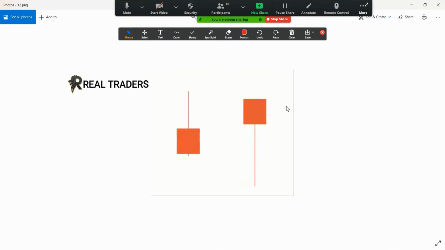Okay, so let's talk about this candle. As you all know, this is a hammer candle, and the color doesn't matter here, green or red. So this is a hammer candle, right?